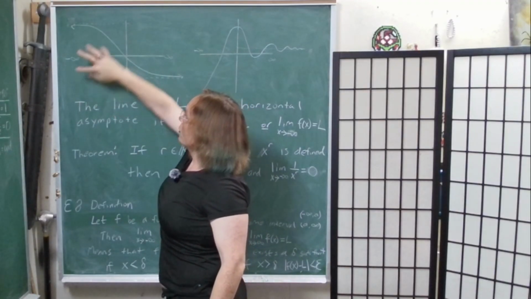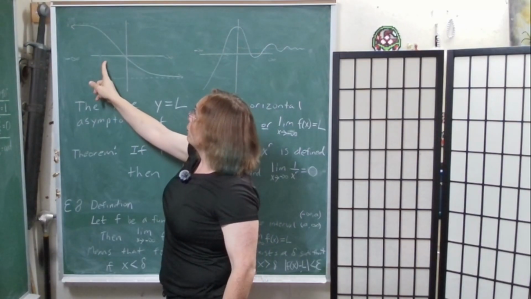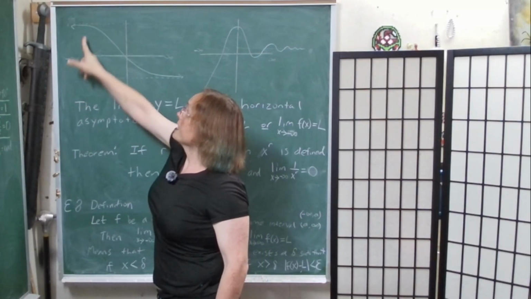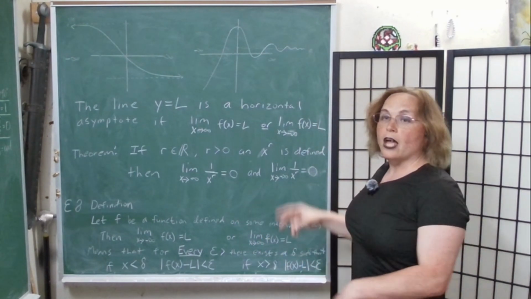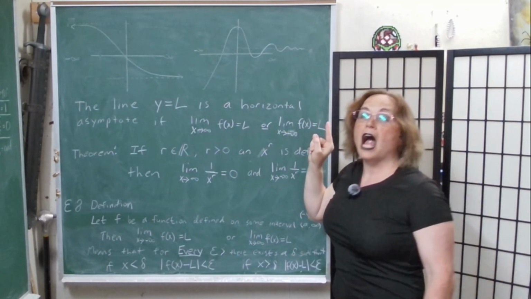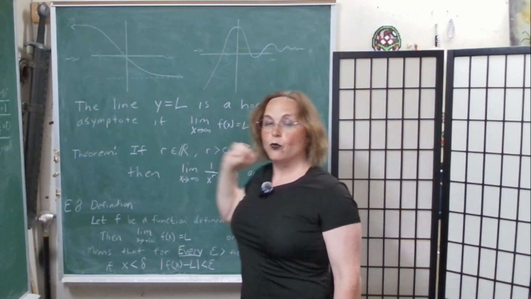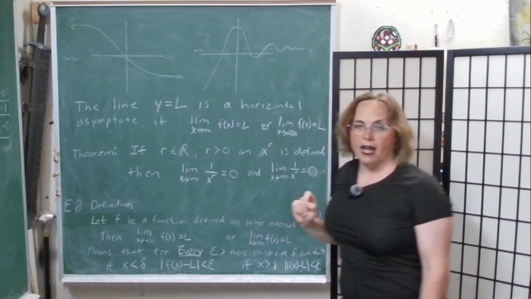That x value will be in there. We can say there's some value that we can go out to, and yes, we'll be in there. That's just what this limit says: you tell me how close you want me to get to that asymptote, and I can find some value out there that will get me that close.